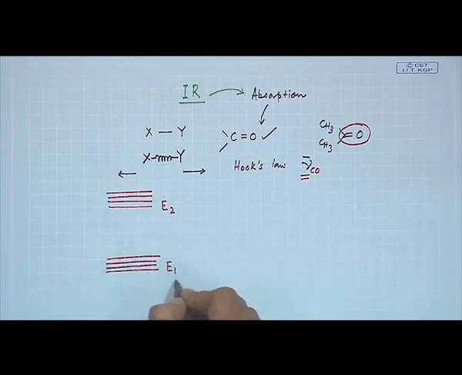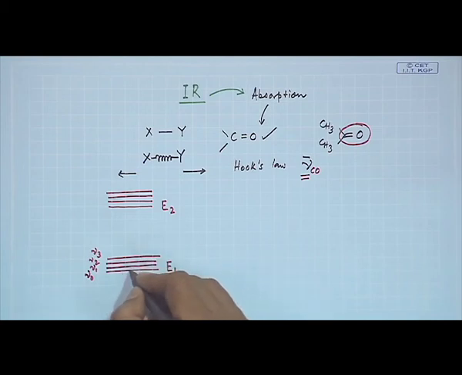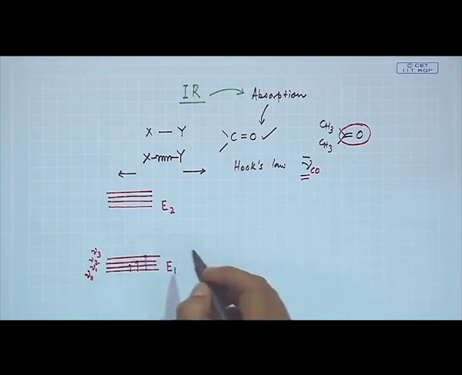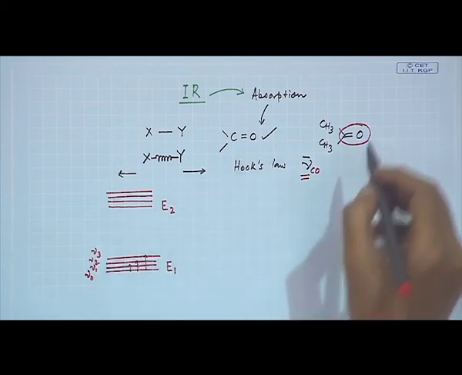So, within one electronic level, we have V0, V1, V2 and V3. These are the vibrational energy levels, and we can have the absorption from V0 to V1, V0 to V2 and V0 to V3, and all these different energy values can be absorbed by a typical molecular species.